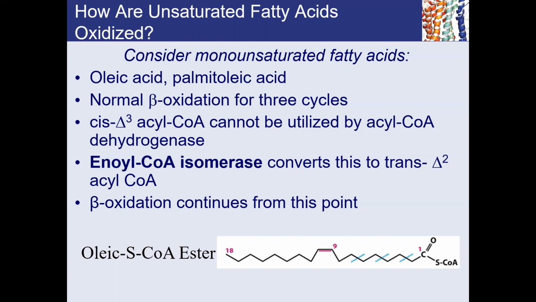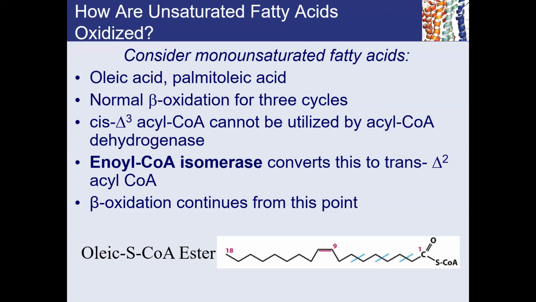What about omega oxidation? Omega oxidation also happens, okay? In some species, including some vertebrates, metabolism actually begins at the carbon, if you remember, most distant from the carboxylate carbon.